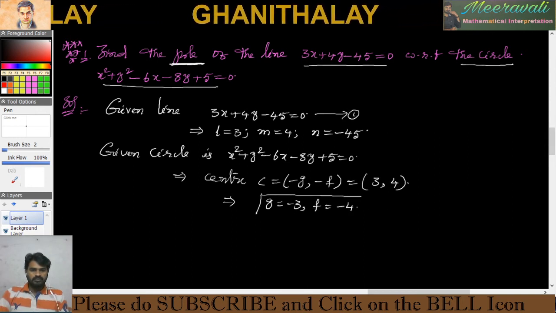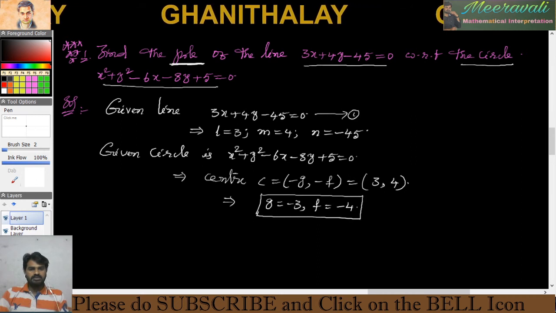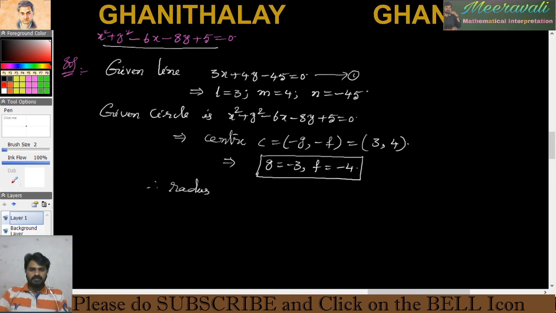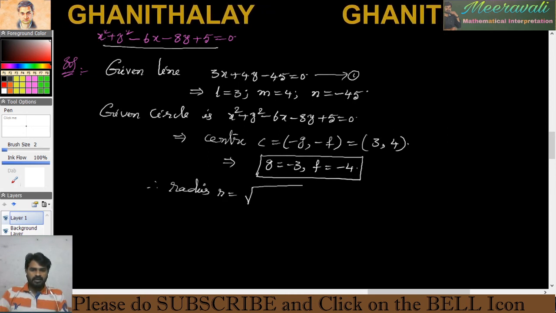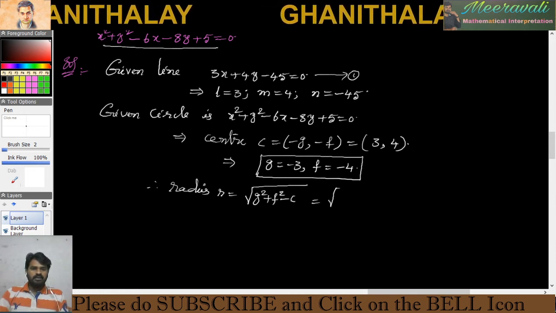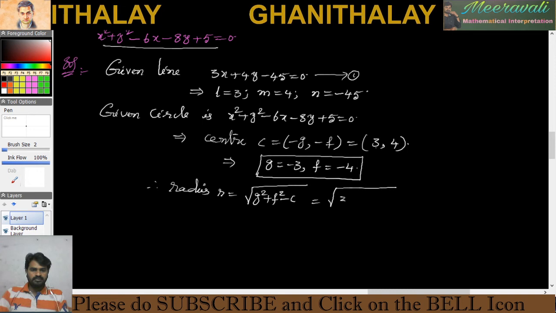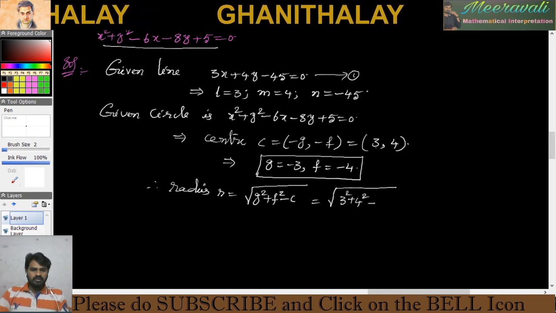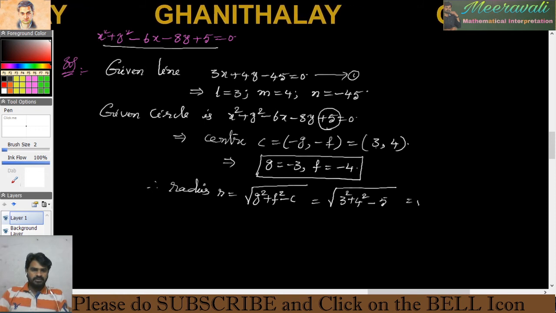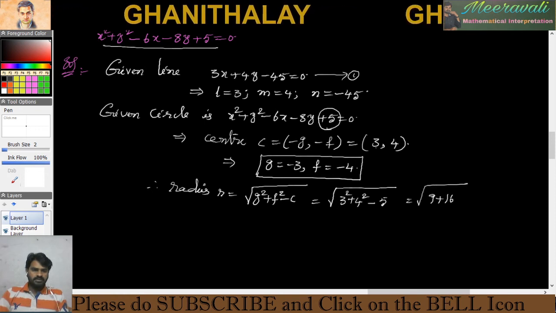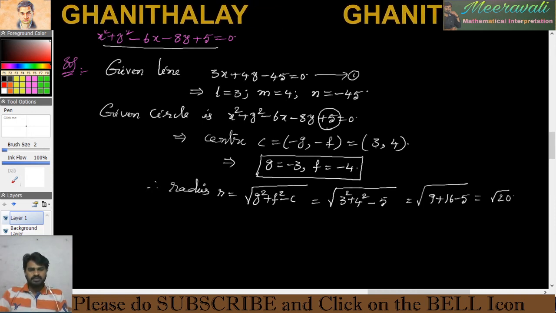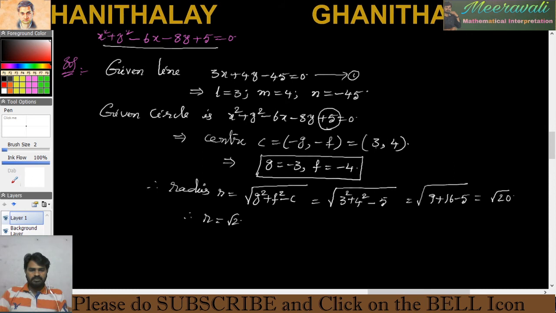We use this g value and f value. After that the radius r, the formula uses g square plus f square minus c, but you can write directly 3 square plus 4 square minus the constant term in the circle equation, which is 5. That is root of 9 plus 16 minus 5, finally root 20. So this is the radius, r is equal to root 20.